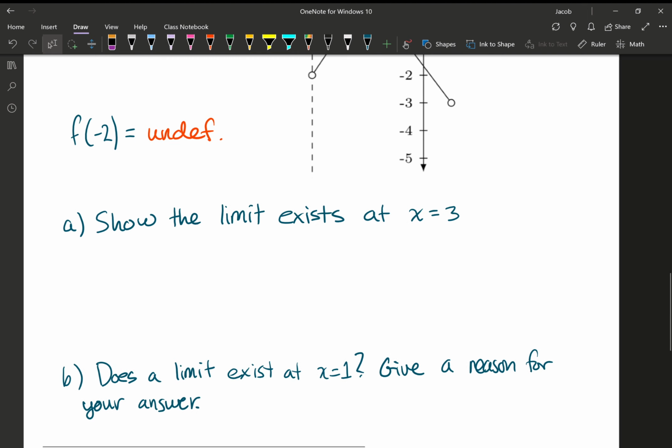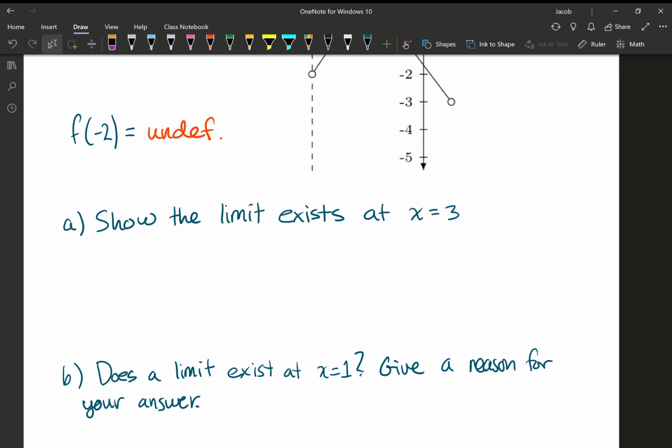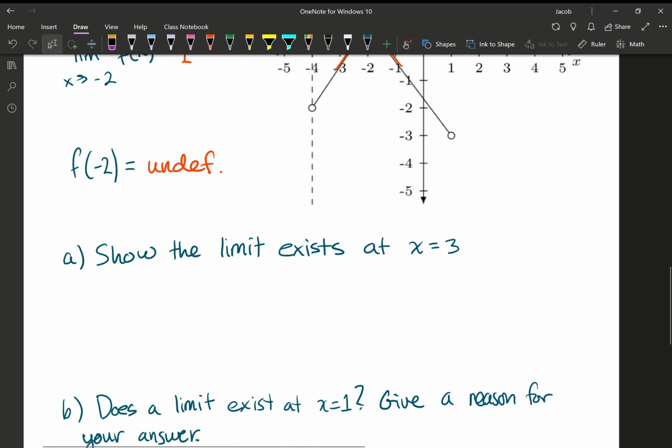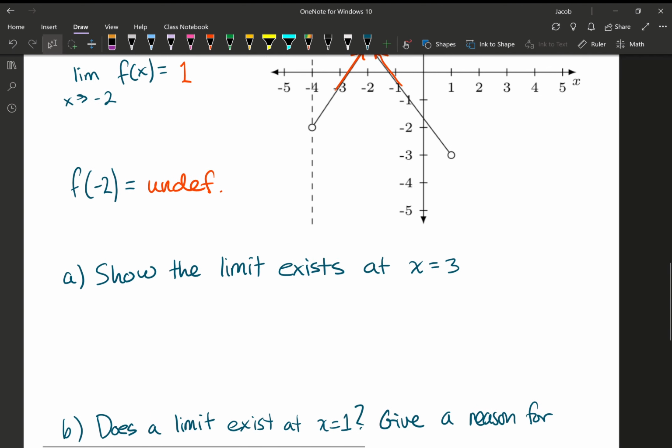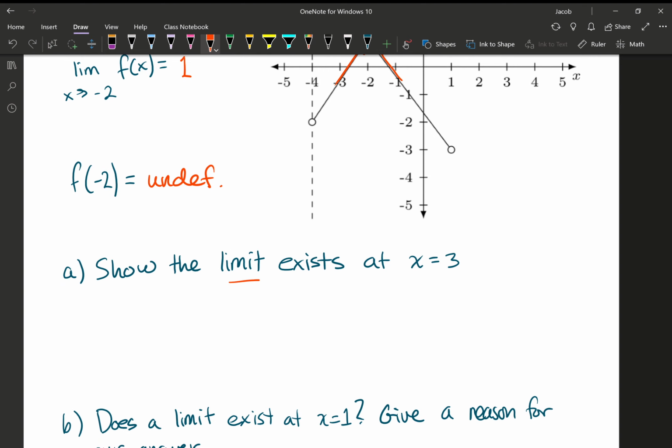Now, we're asked a little bit of a tricky question. It's not asking us just straight out what are the limits at specific left or right sides, but we need to show that the limit exists at a value. So we have to show that the limit as x approaches 3 from the left of our function is something.